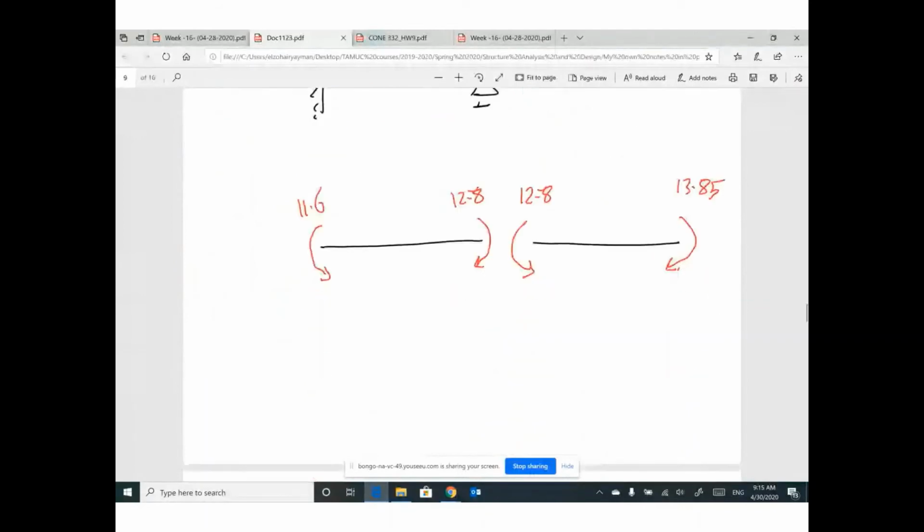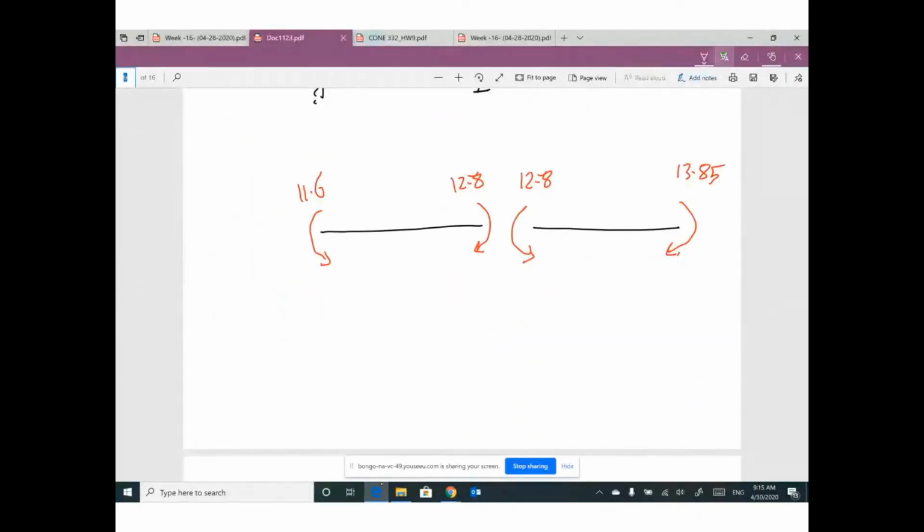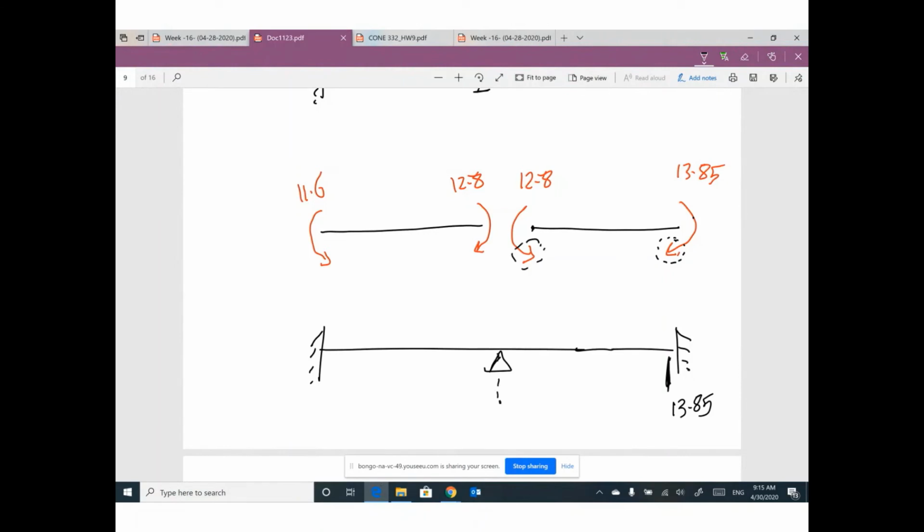So your final moment for this point, I'm going to follow this head. It will be down 13.85. For this one, I will follow this head. So it will be down 12.8. I'm going to follow this head also. It will be 11.6.